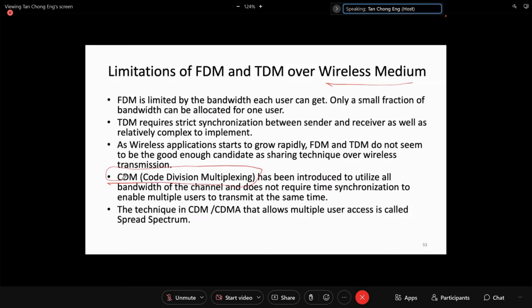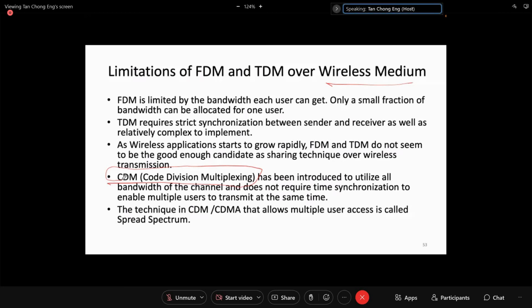So every network is assigned a code. Multiple networks can all coexist at the same location and they can still communicate without any problem, thanks to code division multiplexing. Just now I said they split the frequency, then they split the time. And now CDM gives different codes to different users so that they can transmit over the wireless medium.